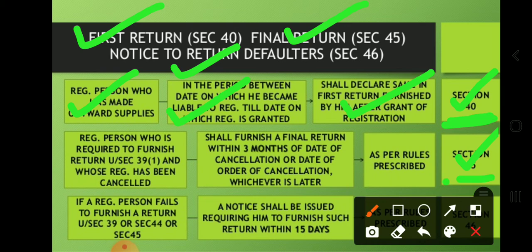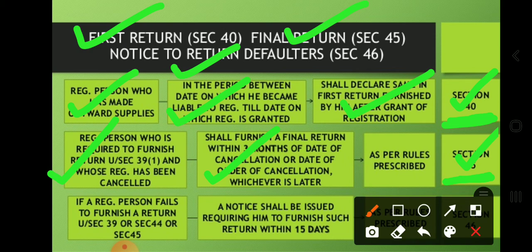Next is the final return, covered under section 45. It is filed by a registered person who is required to furnish return under section 39 subsection 1 and whose registration has been cancelled. He shall furnish a final return within 3 months of the date of cancellation or date of order of cancellation, whichever is later.